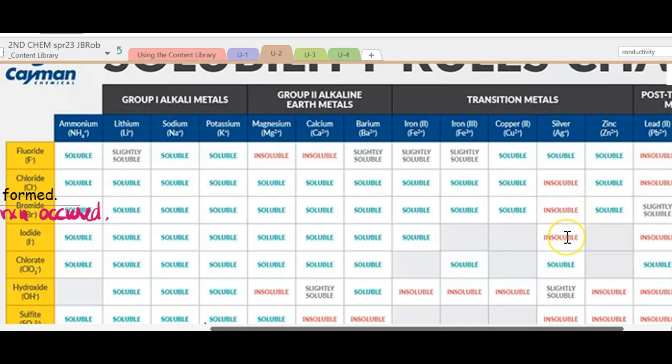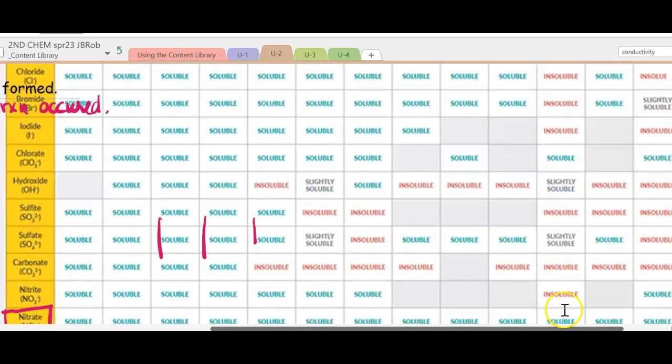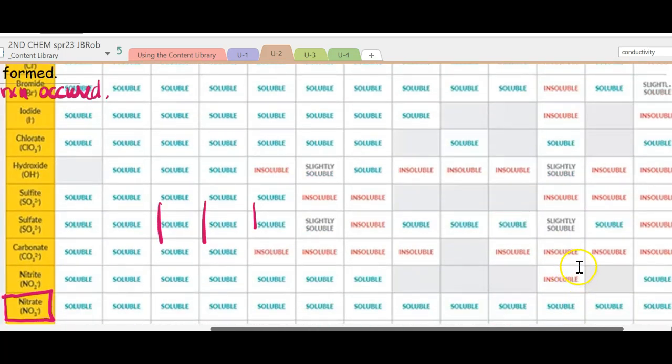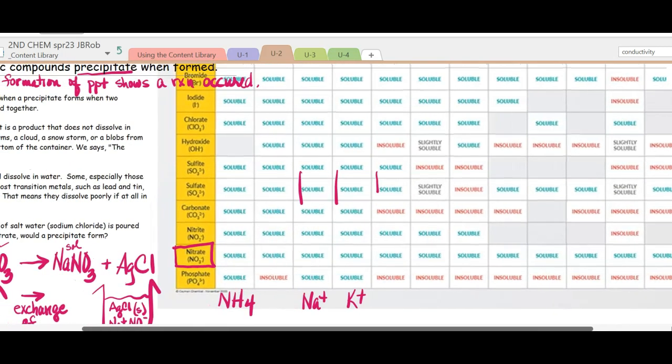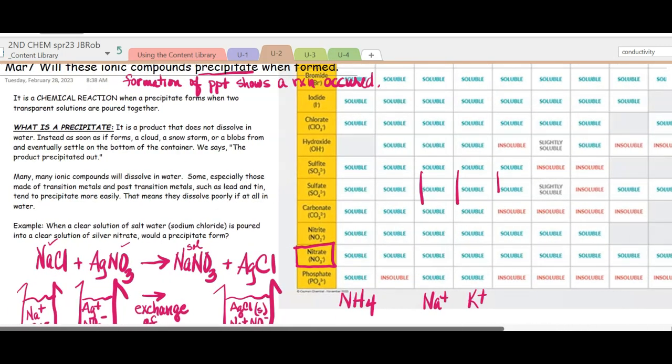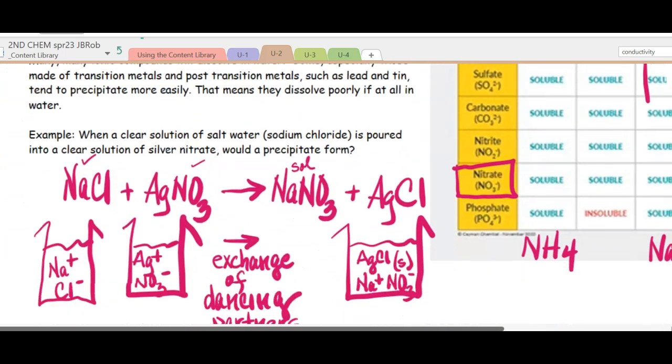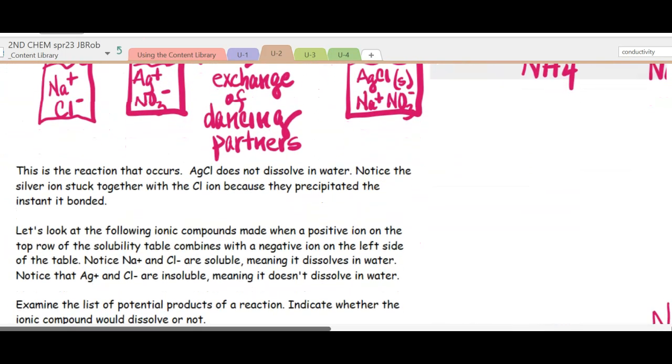Bromide? Iodide? It's not soluble in carbonates, all right, or phosphates. We'll ignore the nitrites only because we don't have any. I don't have any solutions of nitrite. All right, so we've seen some general patterns now, haven't we, in this chart?